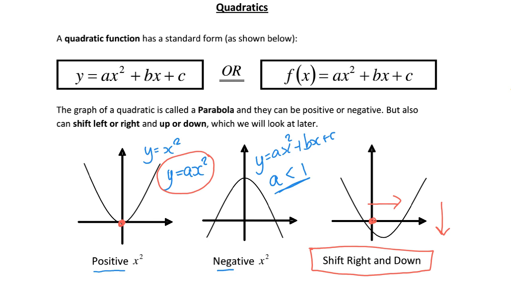The standard equation we saw before was y equals ax squared. When we start looking at the bigger picture, f of x equals ax squared plus bx plus c, or y equals ax squared plus bx plus c, it's more often that you're going to see something that's shifted.